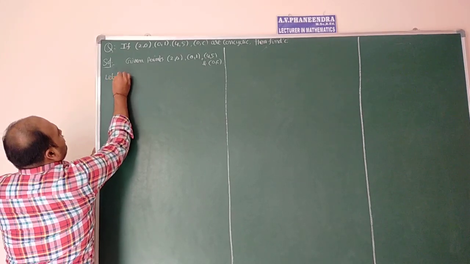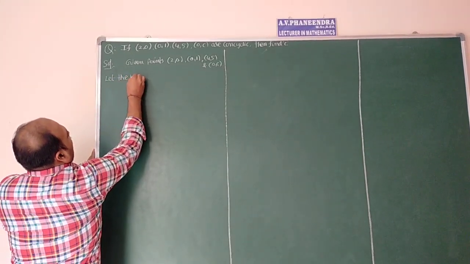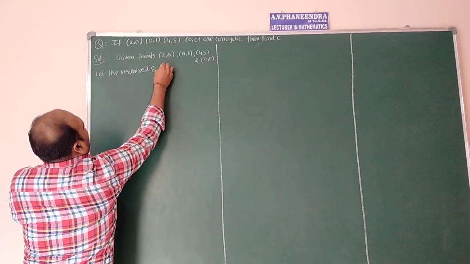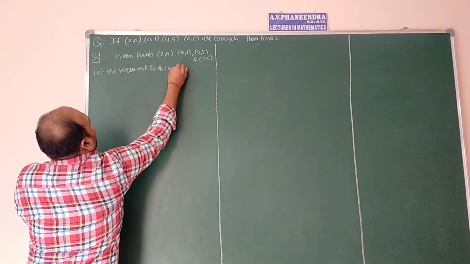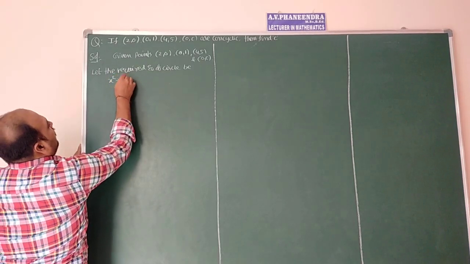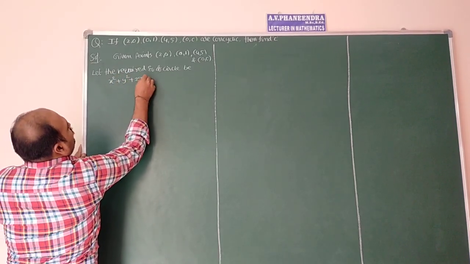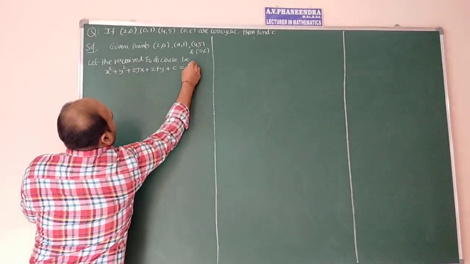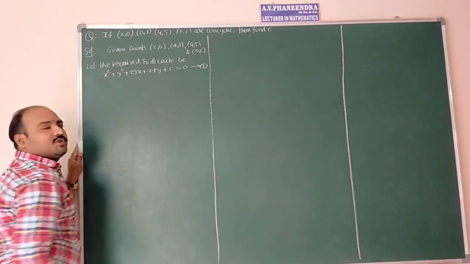Let the required equation of circle be the general equation of circle x square plus y square plus 2gx plus 2fy plus c equal to 0. Put that equation number 1.